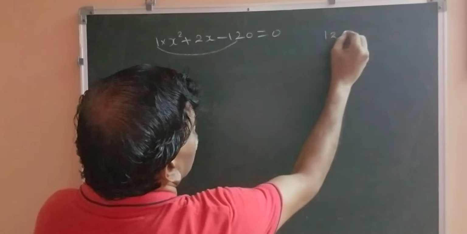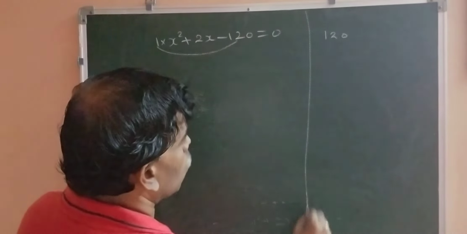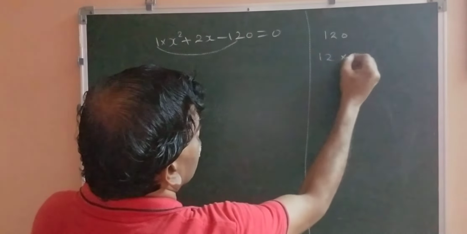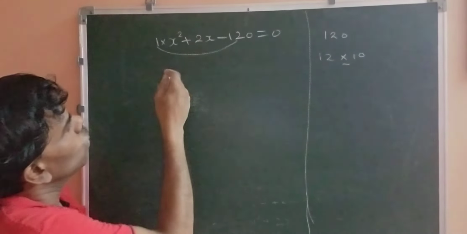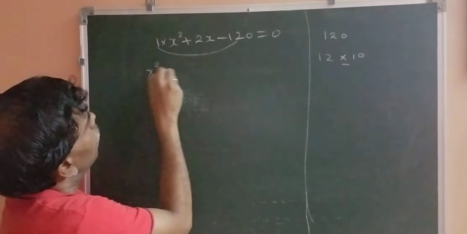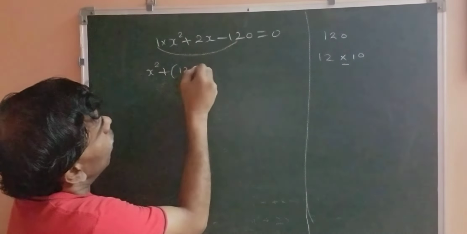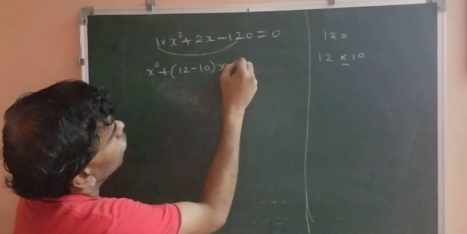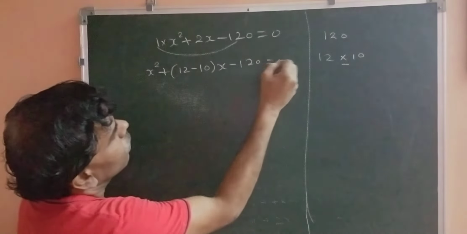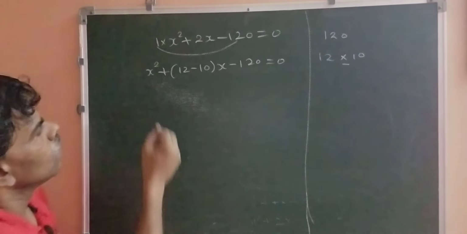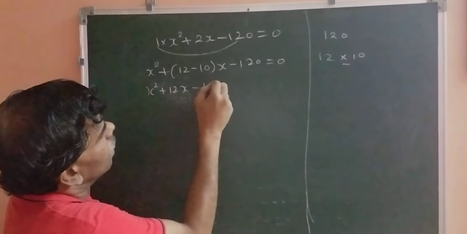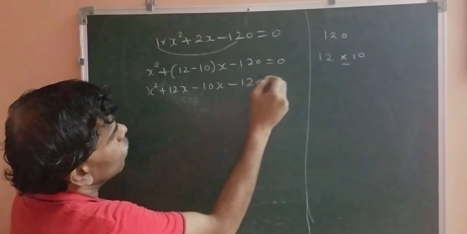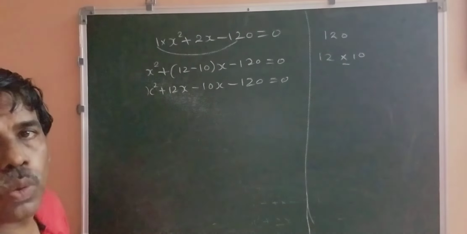So 120. What are the two factors? 12 and 10. If you subtract, you will get 2. So x square plus 12 minus 10 into x minus 120 equal to 0. So x square plus 12x minus 10x minus 120 equal to 0.